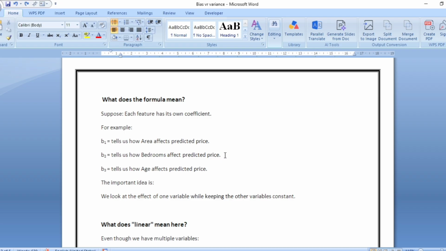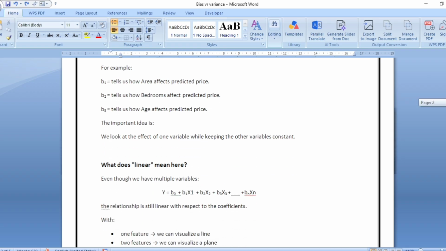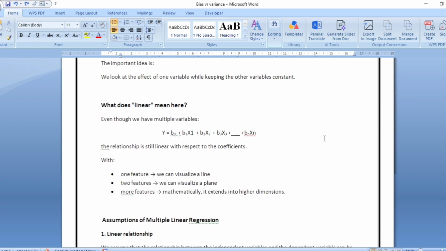The important idea is we look at the effect of one variable while keeping the other variables constant. That's one of the most important things to remember about multiple linear regression. What does linear mean here?